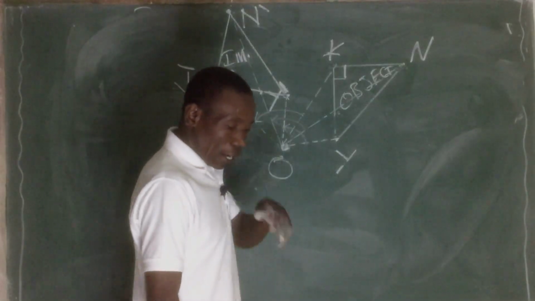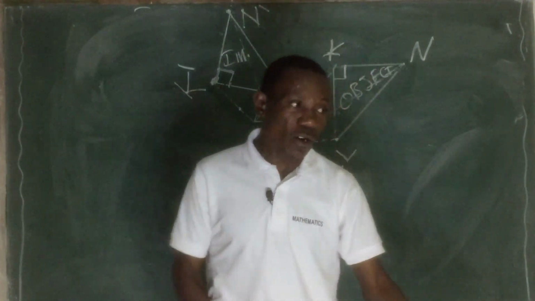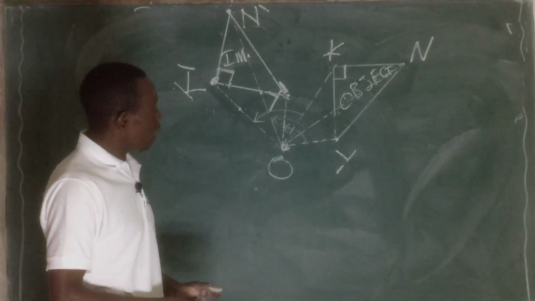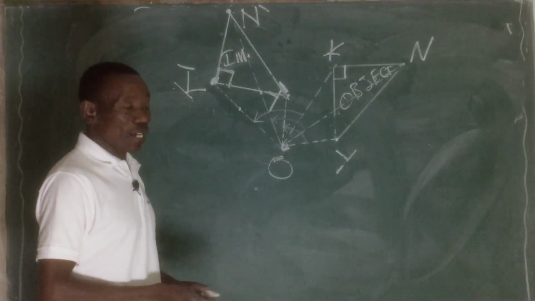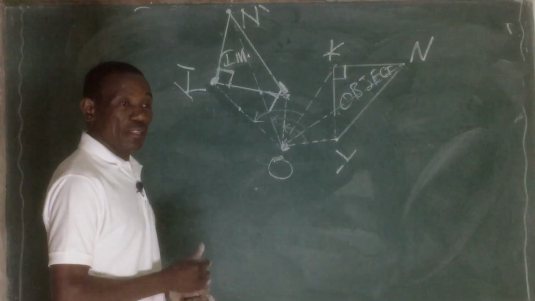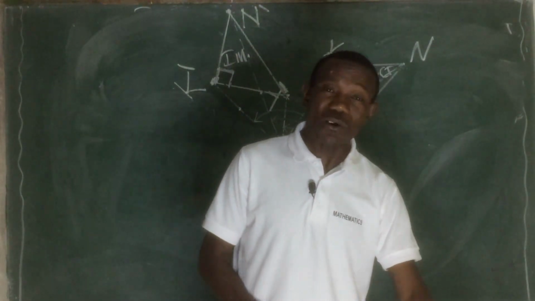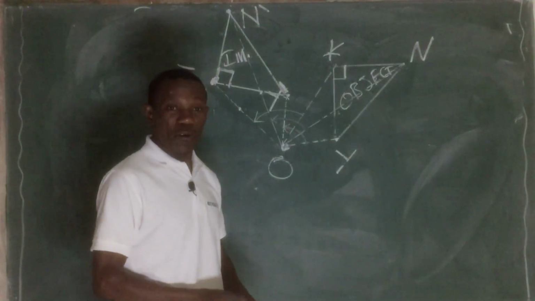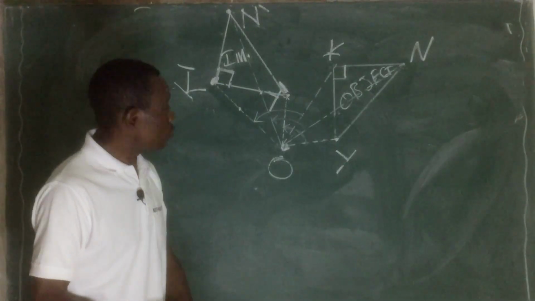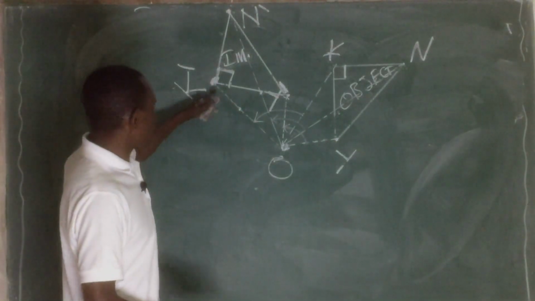Right. What we are going to do is just like what I earlier indicated: sometimes we'll be given an object and an image at the same time, and they'll ask you to come up with the center of rotation. And also they will ask you to determine the angle that was used to rotate that object in order to come up with the image.